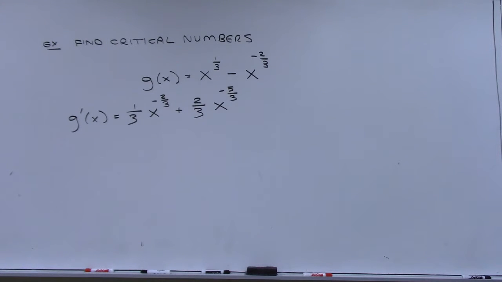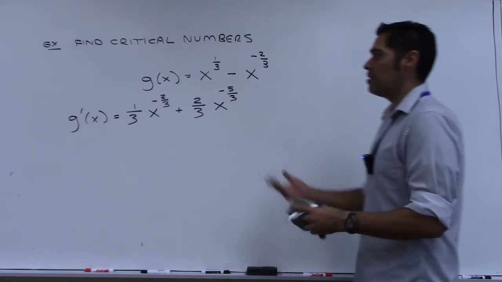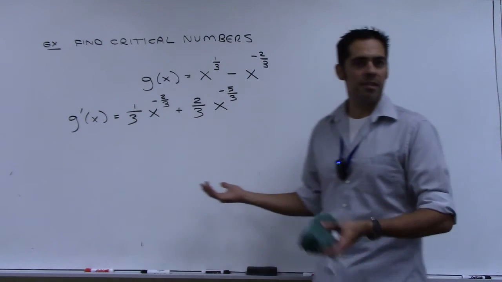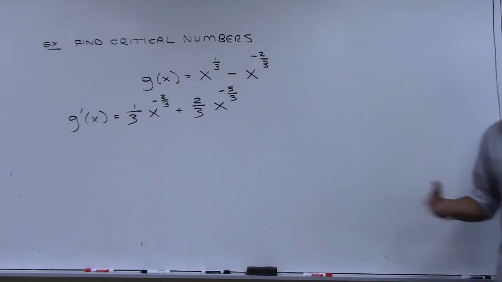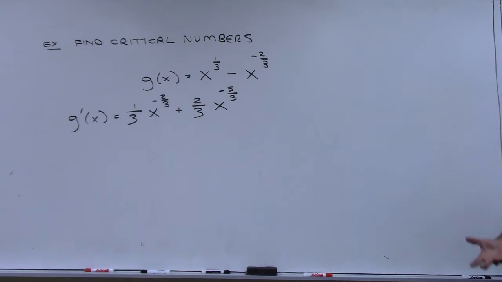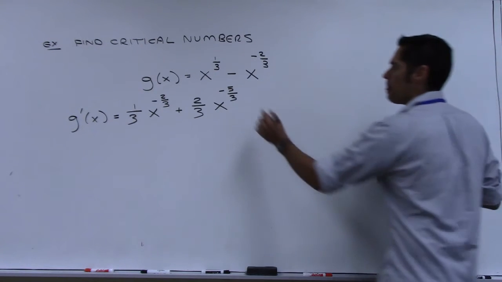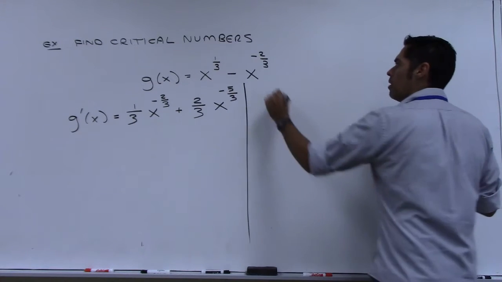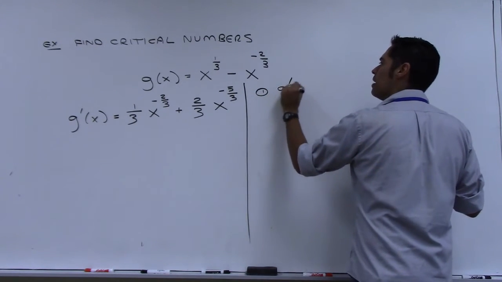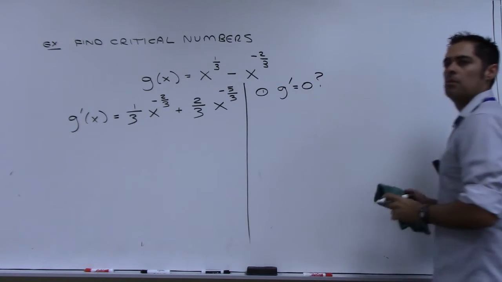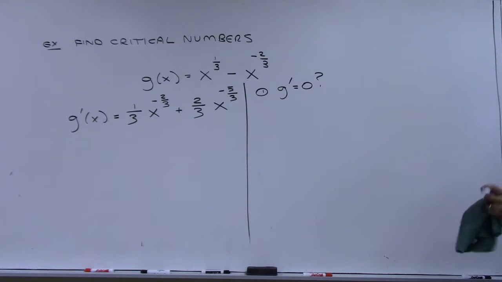Prior to this, it was like, okay, there's a derivative. That's all we had to do. But now we have to set this to 0, right? Which I said at some point we're going to have to work with this algebraically. And today's the day. So I want to know, first of all, where's that derivative equal to 0? That's the question. So I have to set that equal to 0.